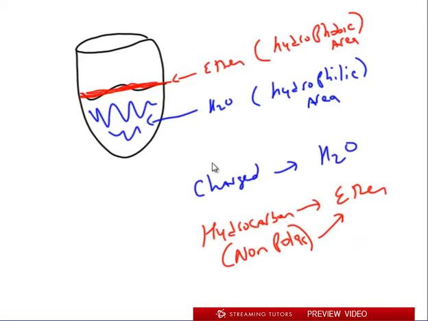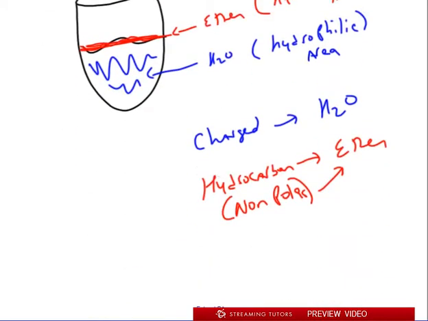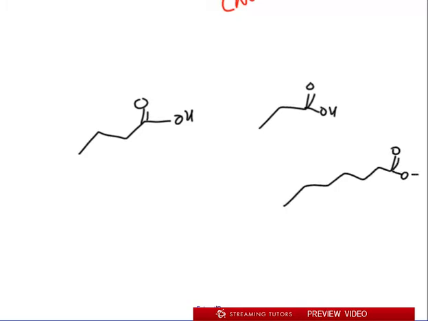Okay? So now, as far as the carboxylic acid, I want to point out that let's say you have a carboxylic acid like this, and then you have one like this, and then you have one like that. Okay, so I just want you to see something. If I ask you to rank them by increasing solubility, here's an example.